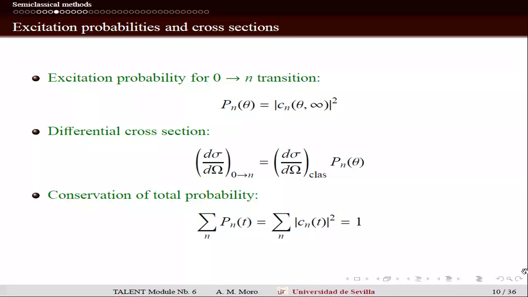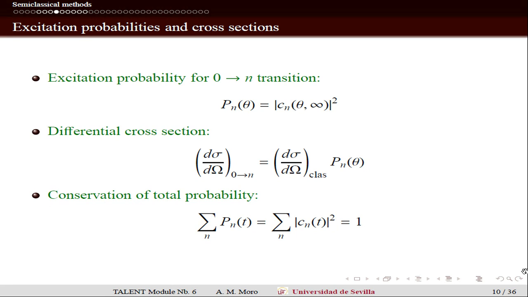But remember, for a scattering problem, the relevant quantities are the amplitudes, the probabilities and cross-section at large distances, because our detectors are at infinity on the scale of the distances that we are dealing with. So we have to look at the value of these coefficients at very large distances.